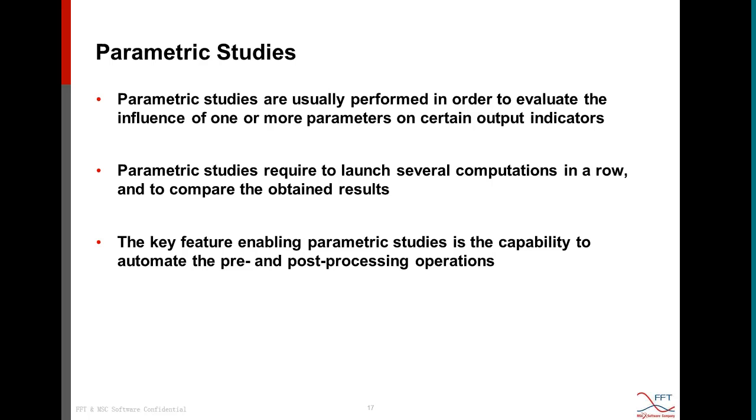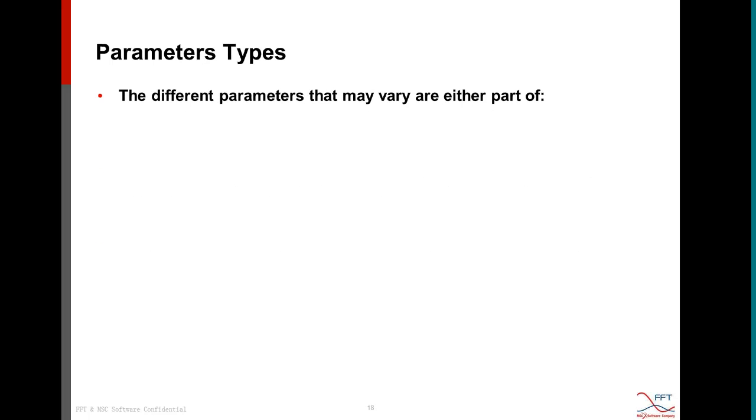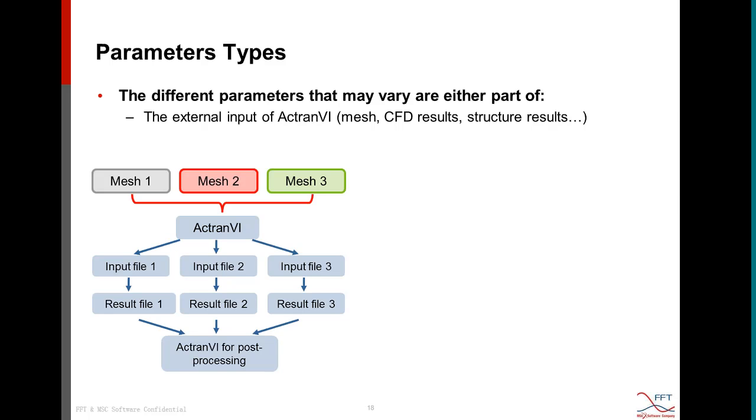The usage of the API is a key feature for automating the calculation and post-processing. Usually, but not exclusively, there are two types of parameters considered in a parametric study. The first type is a change of parameters from external input.